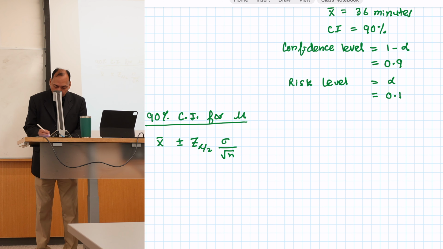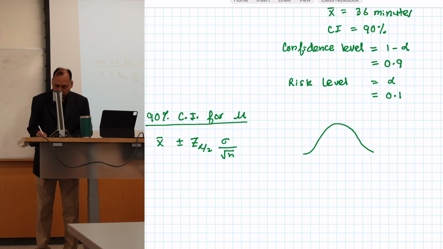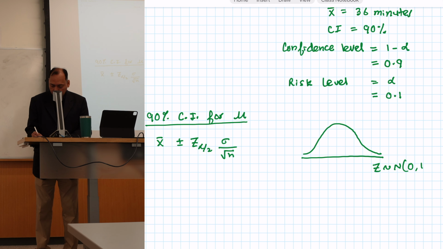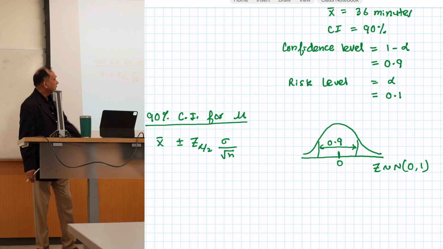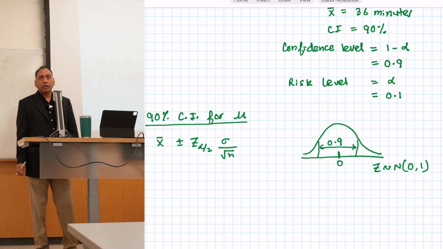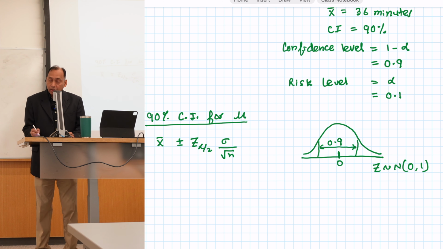And to figure that out, because this is z, I will draw a distribution for z. As you know, z follows normal distribution with mean 0 and sigma 1. So mean is always 0. If this area is, let's say, 0.9, so we want 90% confidence interval, so that middle portion has to be 0.9, and remaining 10% goes in two tails like 50-50.